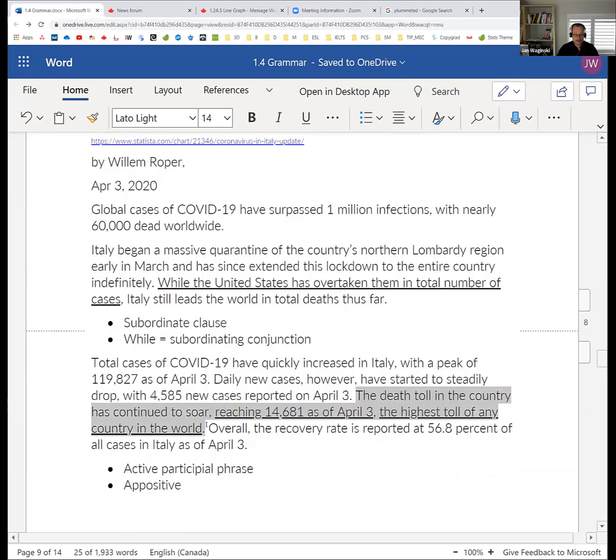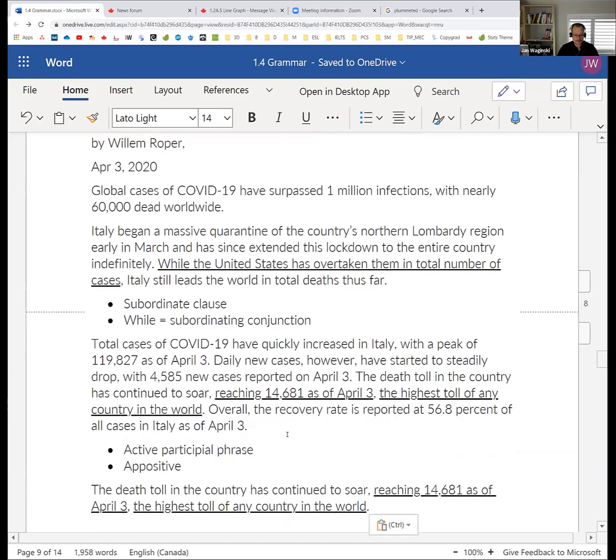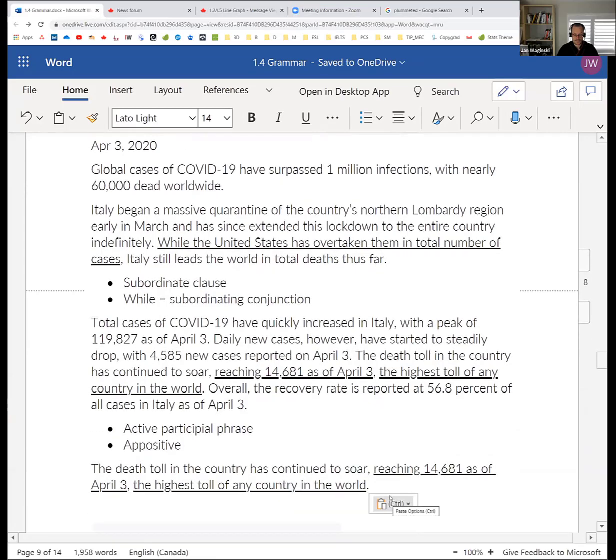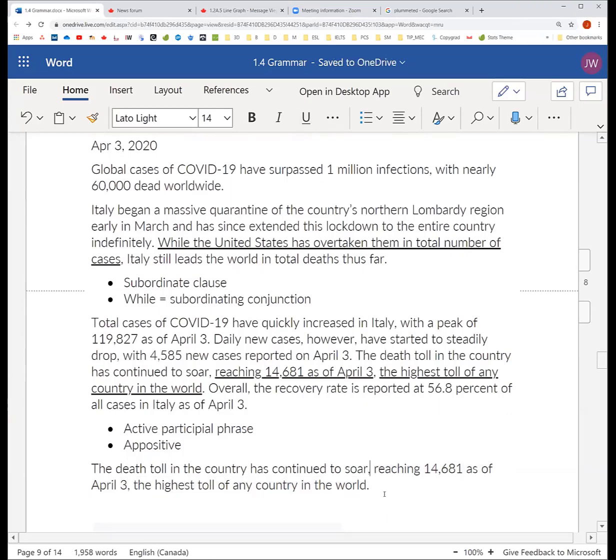Now, if you were to rewrite this sentence in simple sentences, how would you do that? We're going to rewrite it as simple sentences. So the death toll in the country has continued to soar, period. Let's do simple sentences.